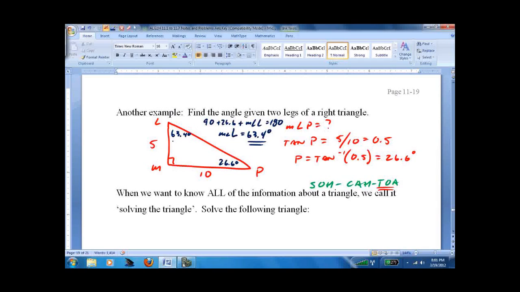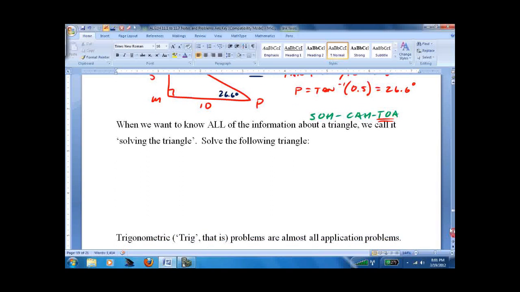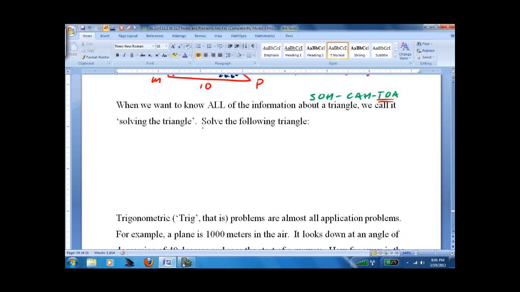You can tell if you did it right if 63.4 plus 26.6 adds up to 90, which it does. So, when we want to know everything about a triangle, we call it solving the triangle.